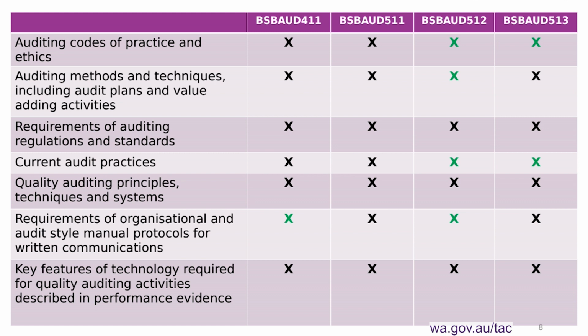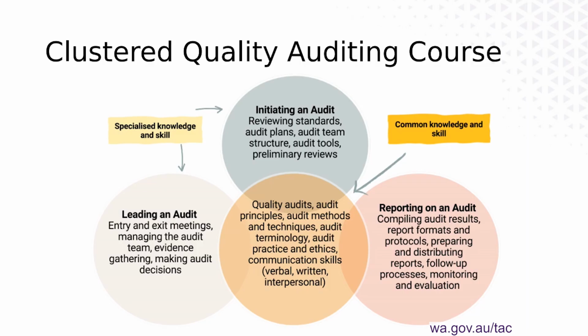So if we thought about this from a learning perspective, it might look something like this. The orange circle that you can see at the bottom is where we have the common knowledge and skill that is actually in those units of competency. The bubbles that you see around it, the grey, blue and pink bubbles, are where you would then build on that common knowledge and skill with specialised knowledge and skill that's relevant to particular tasks and the units.